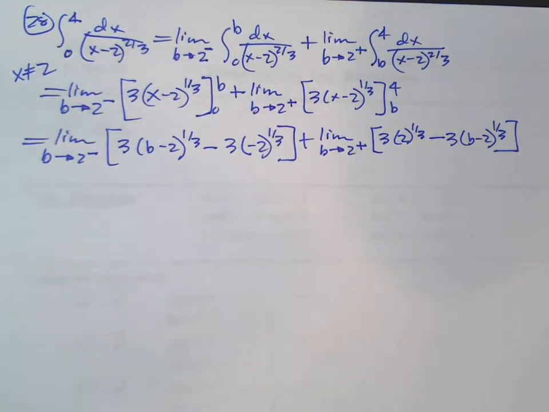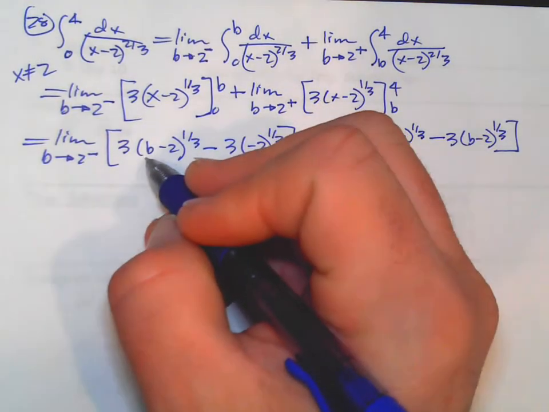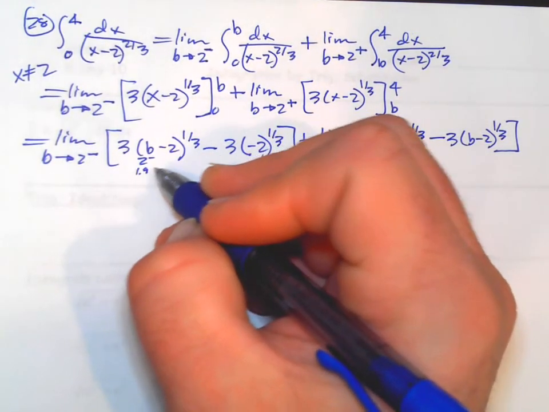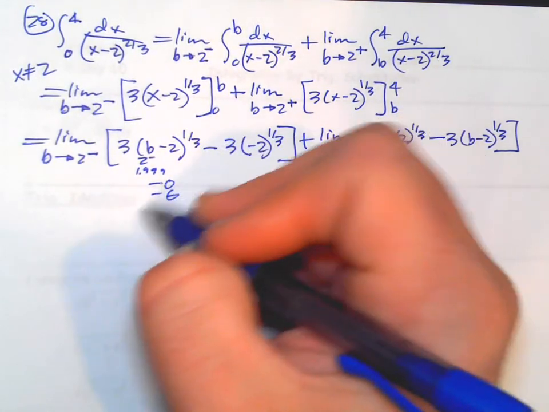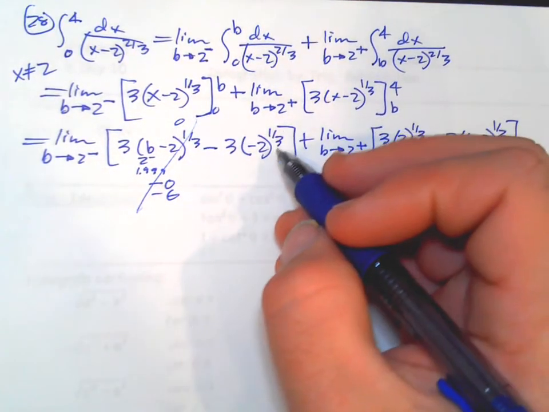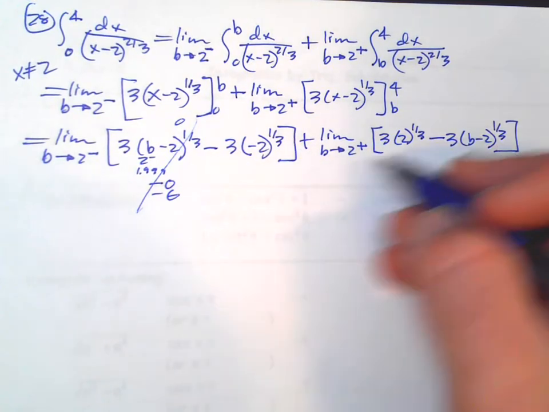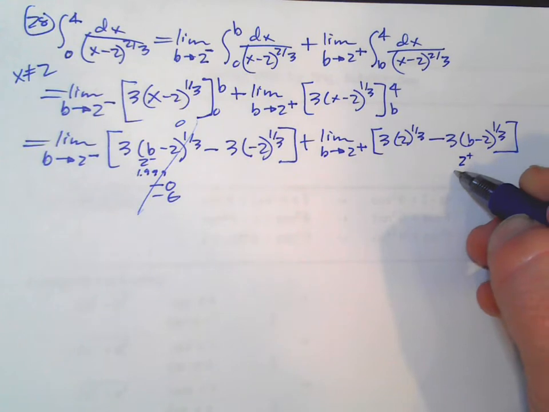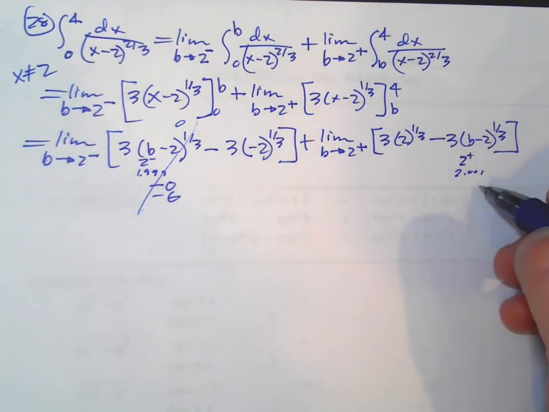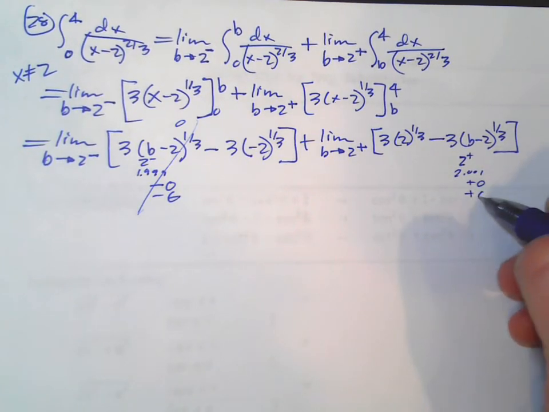Okay, what happens as b approaches 2 from the left, so that'd be like 1.999? This is going to be a negative tiny quantity, so the third root is 0, right? And then over here, you plug in 2 from the right side, so that's like 2.0001. It's going to approach 0 from the positive side.